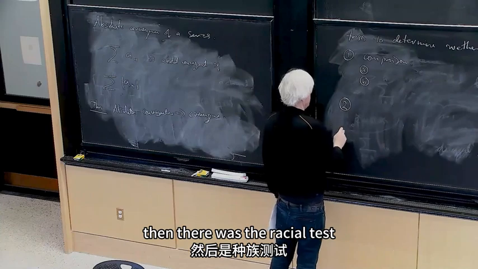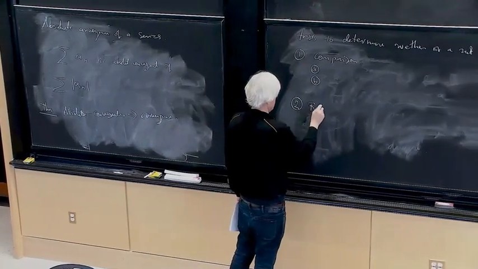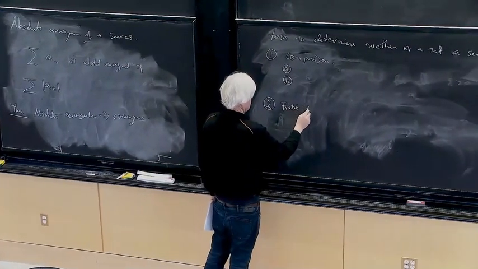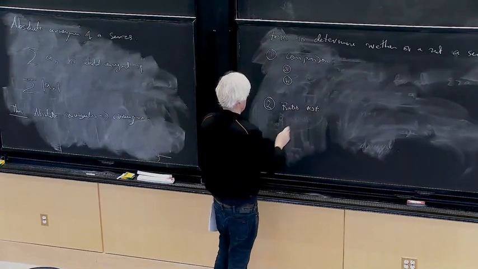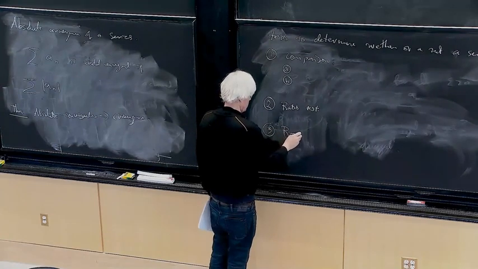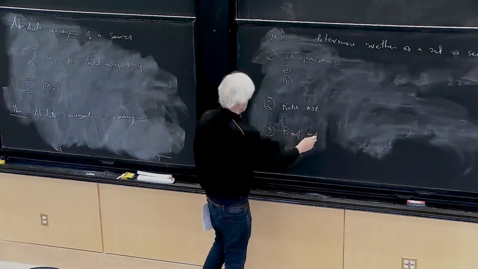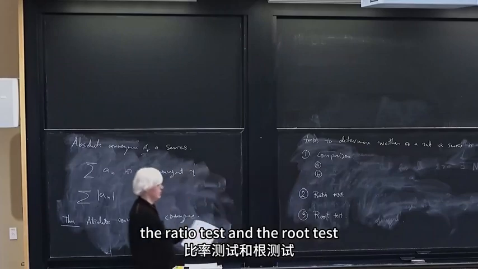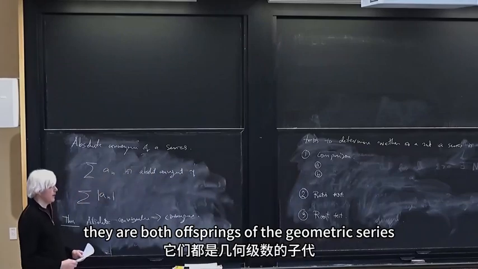Then there was the ratio test. And then there was the root test. The ratio test and the root test are both offsprings of the geometric series, right?